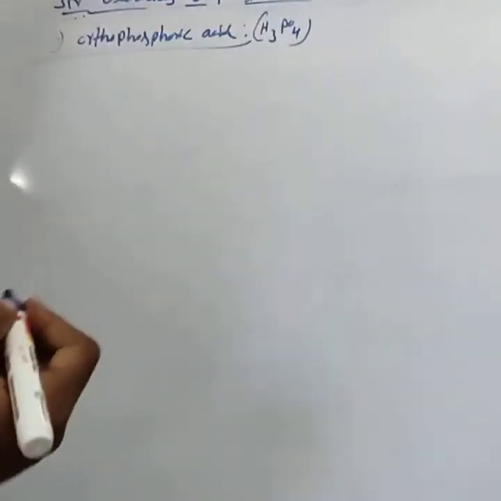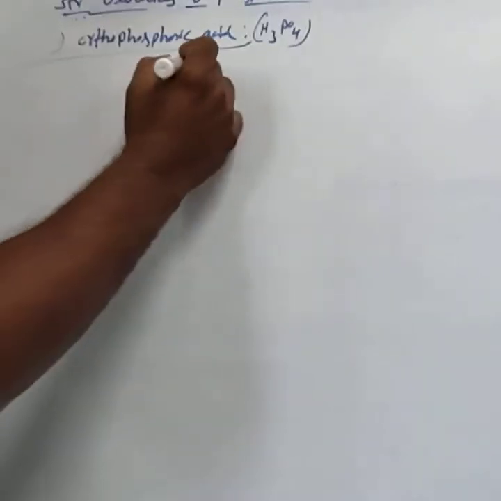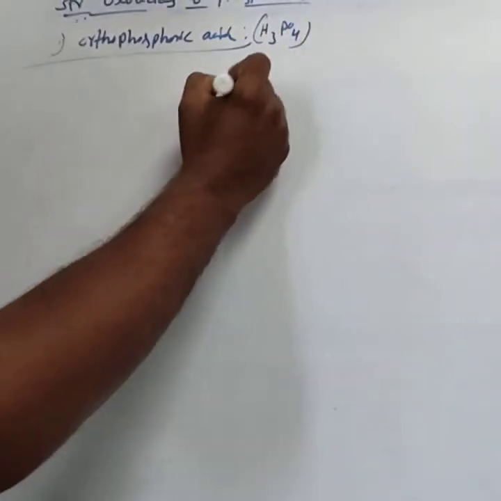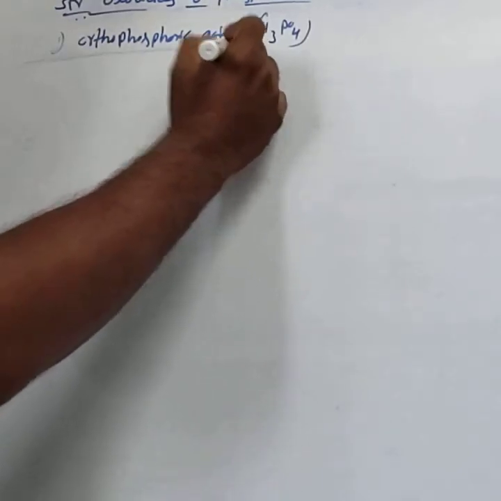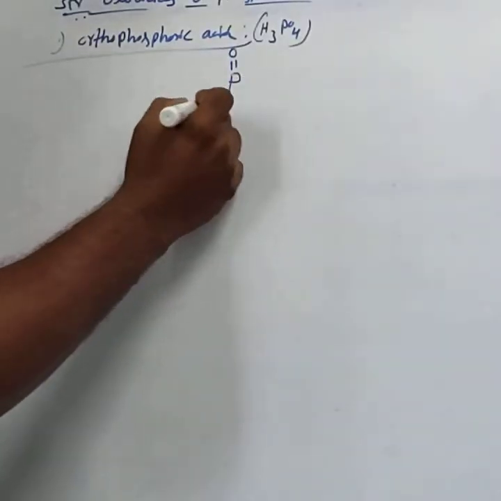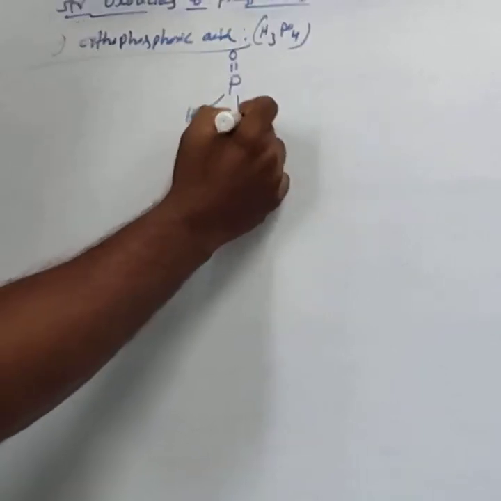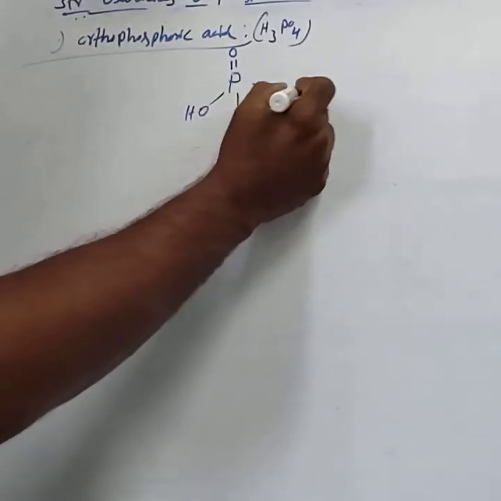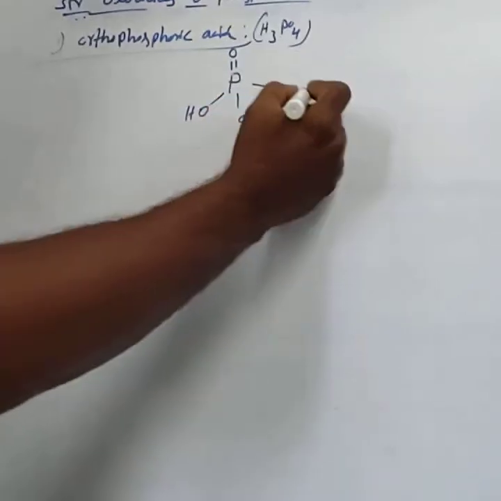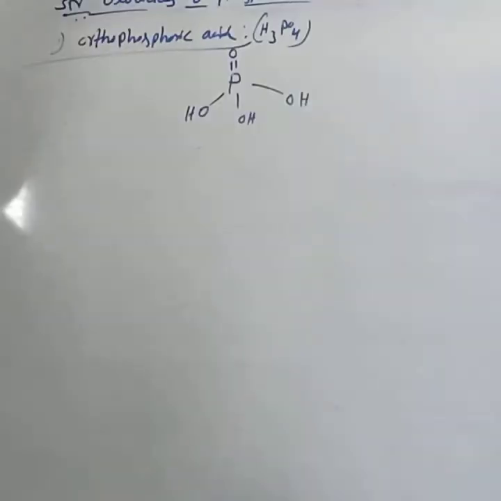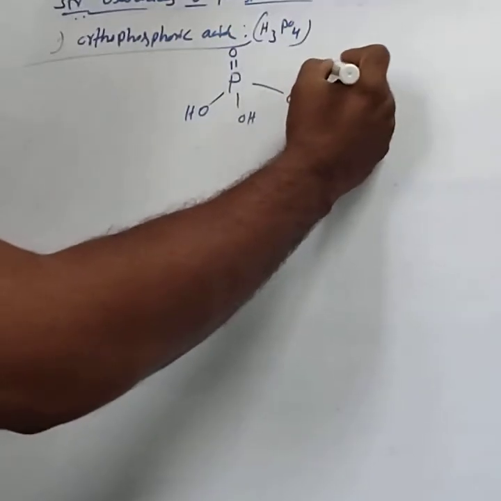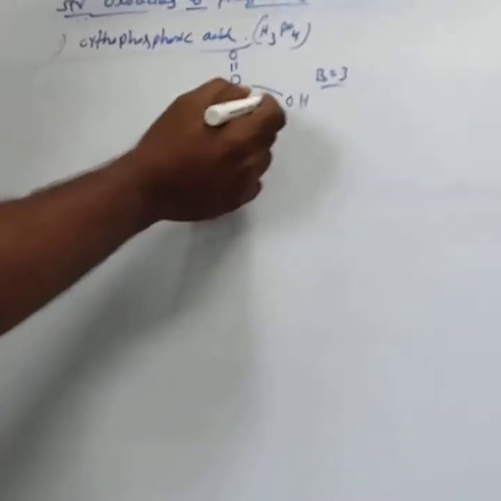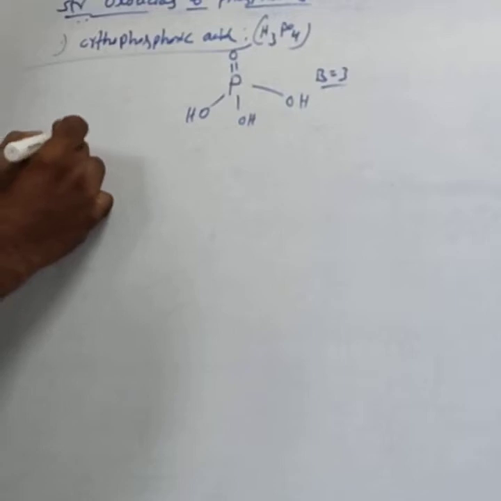By using that, you can write the structure. It has 1 P=O bond and 3 OH bonds. All have tetrahedral structures. Hence, by using this structure, basicity value is 3 because of 3 P-OH bonds.